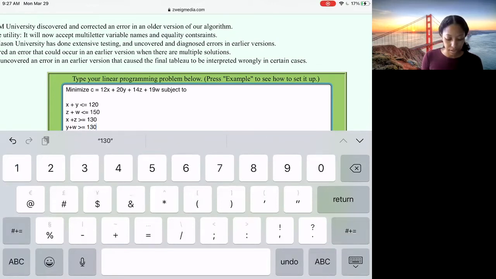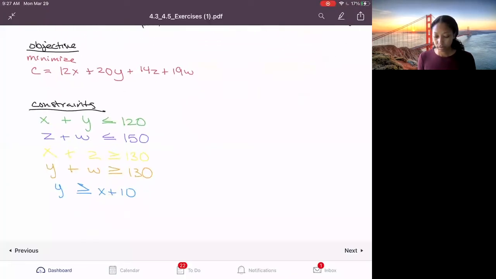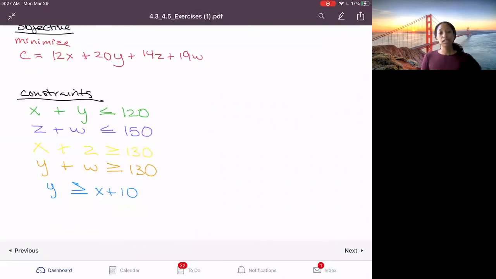Okay, and then the last one, well, actually, let me go back. For the last one, this is correct the way that I have it written. Y is greater than or equal to x plus 10. You can keep it that way if you want to. But for all of the other constraints, we have it written where all of our variables are on one side and we have a constant on the other side.